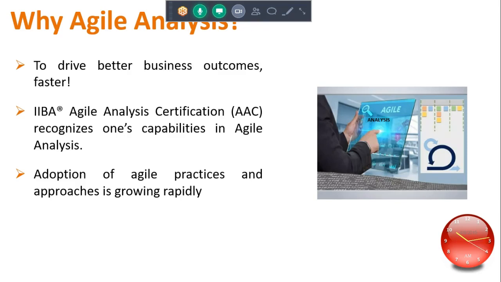And I think the focus from the IIBA and from PMI, saying that there's a place for business analysis in the agile environment, matters. It's not just about a bunch of customers and a bunch of developers getting together and magically putting together something.